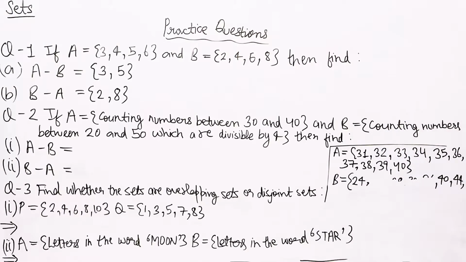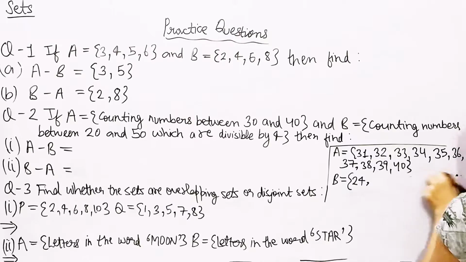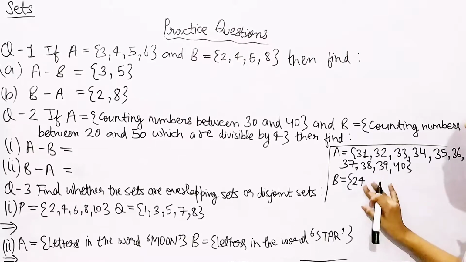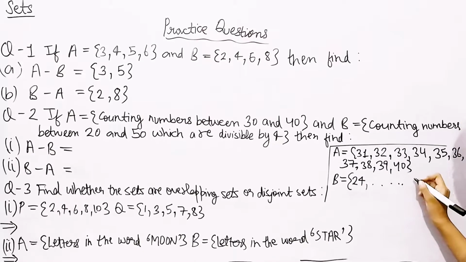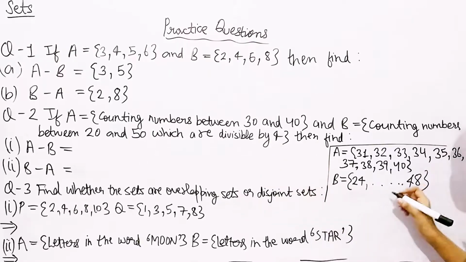Okay, because we know that the numbers which are going to be divisible by 4 between 20 and 50 will start from 24 and so on till 48. So 48 will be the last number divisible by 4, isn't it?